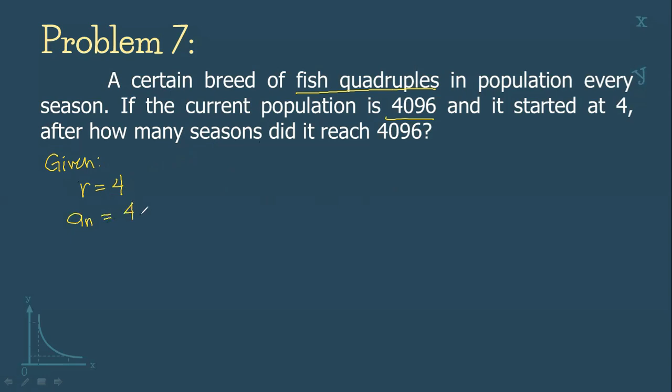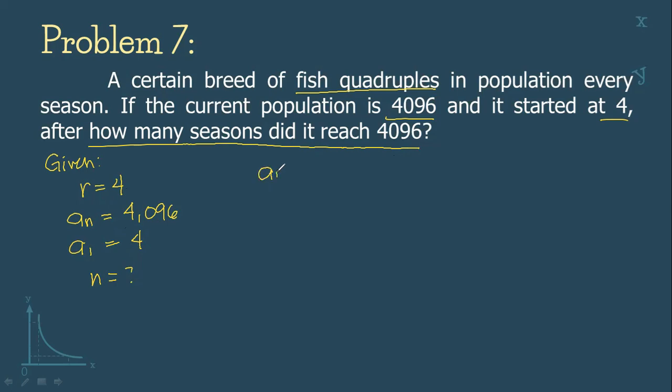So we have 4,096. And also, it started with 4. So ibig sabihin, our first term is actually 4. So ang tinatanong dito, after how many seasons daw did it reach 4,096? So meaning to say, kung ilang seasons daw po naka-reach kay 4,096, that is actually finding for the n. Okay, so si n po yung nawawala.